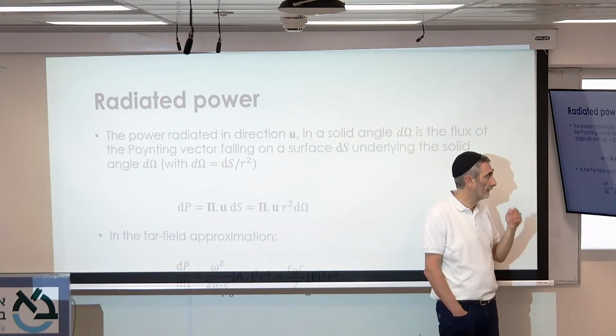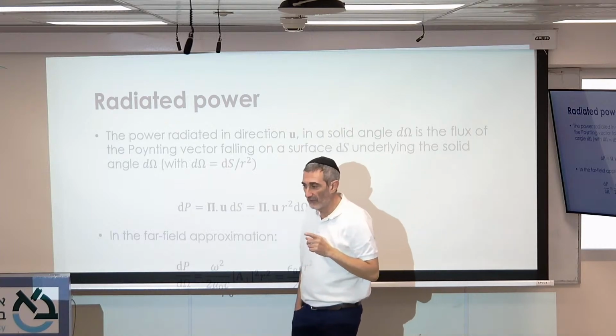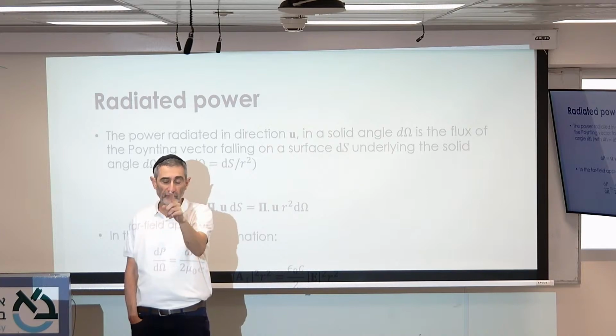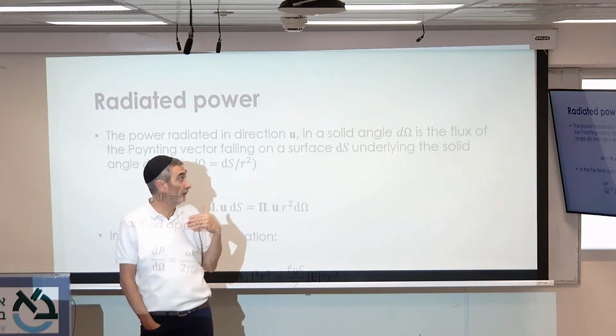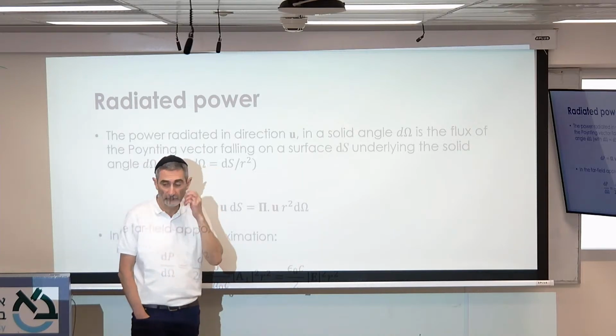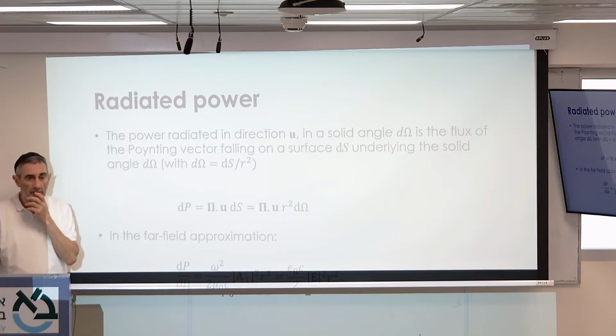Okay, dP is the power. So you have the Poynting vector, that's the power in the given direction. If you look at a solid angle, this is the flux of the Poynting vector through that surface. The power is the flux of the Poynting vector through the surface that you consider.